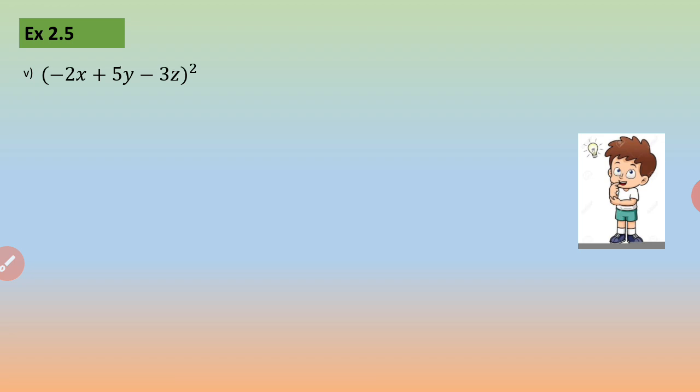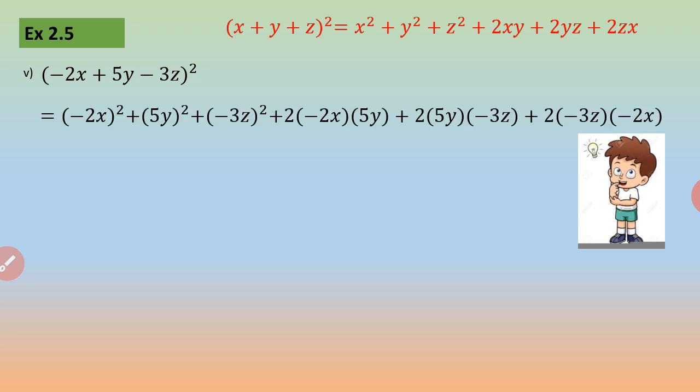The fifth sub question, again the same identity. You can understand that x has become minus 2x as told. Consider the minus sign. Y has become 5y and z has become minus 3z. Do the corresponding changes and substitute, multiply and get the answer.